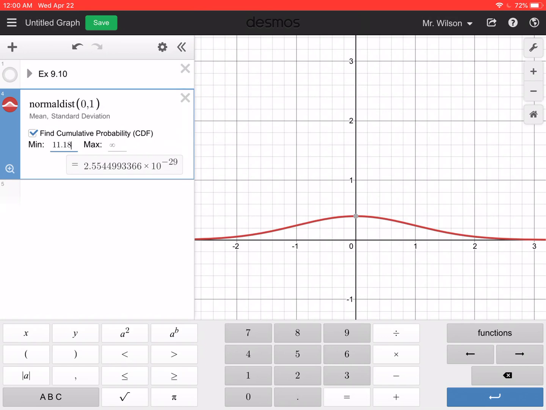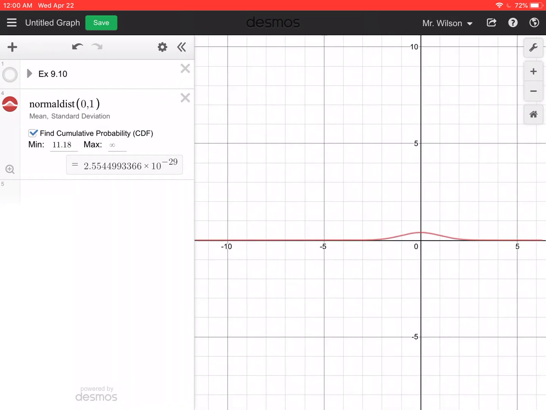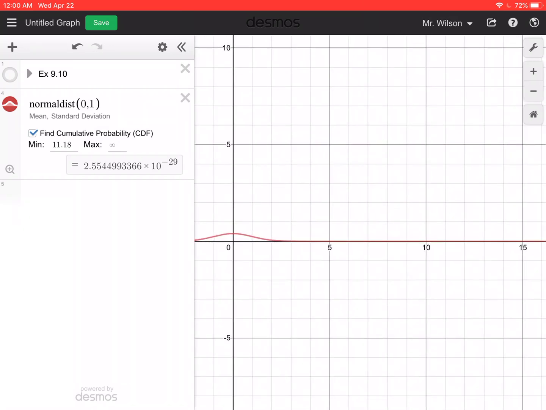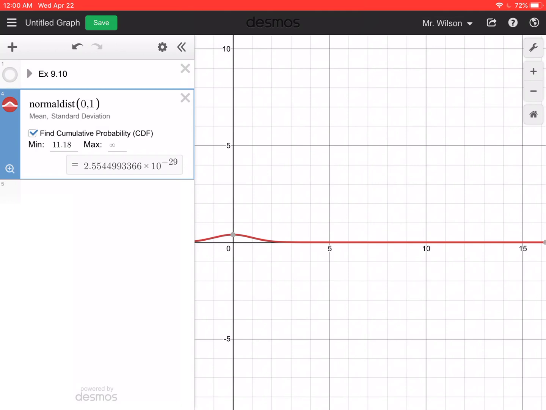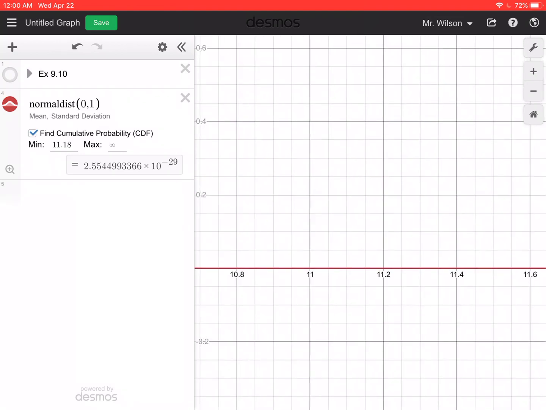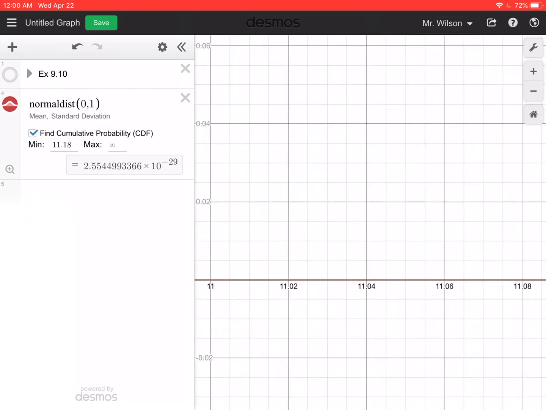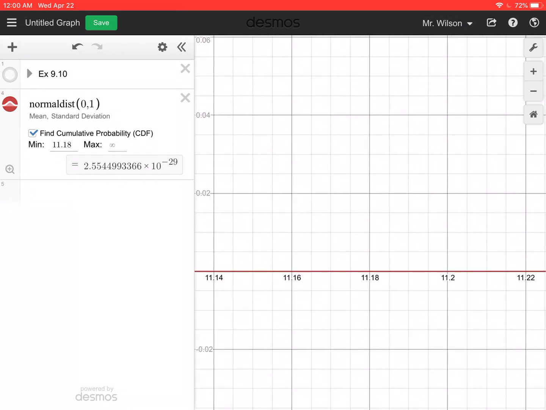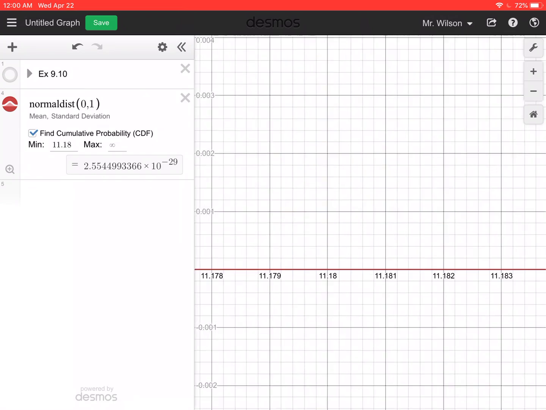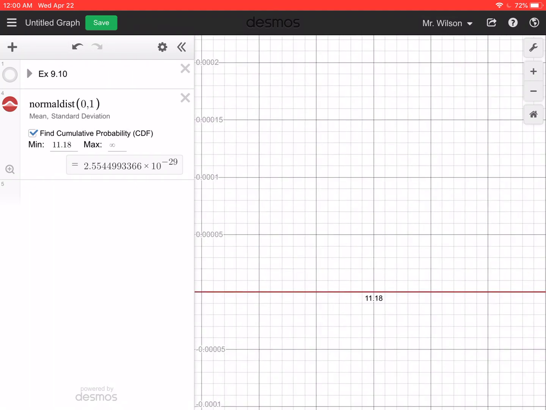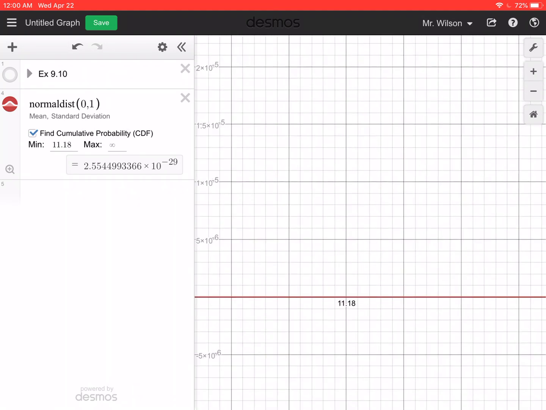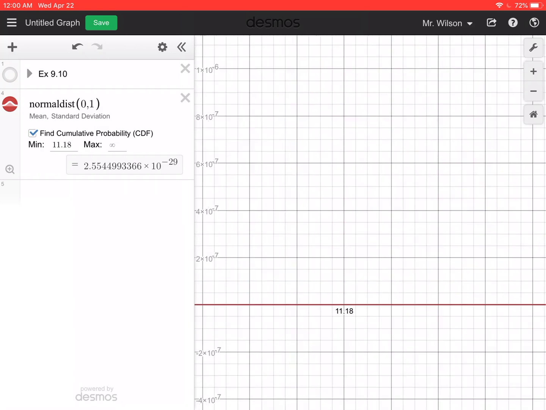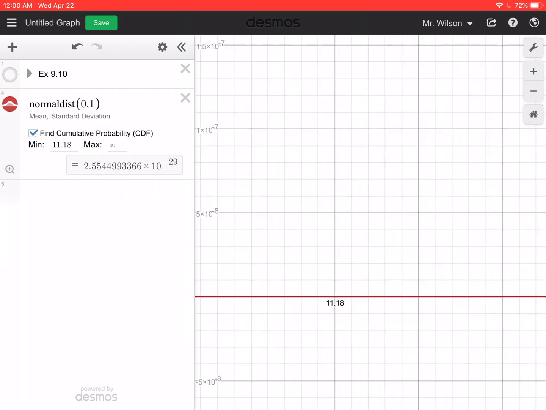And you can see 11.18 in terms of this curve, that's way out here. The normal curve is way back over here, and our value is way up here. I have to zoom in really far. Let's see, 11.18, that's going to be right there. And you see on the left-hand side just how small this scale is getting, just for us to be able to see anything under this curve.